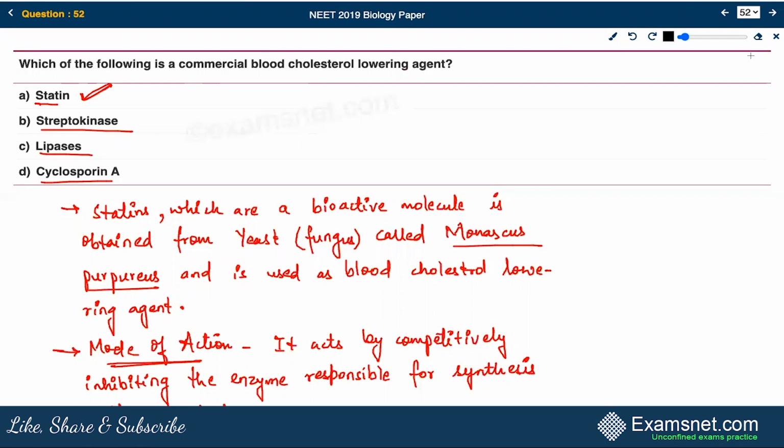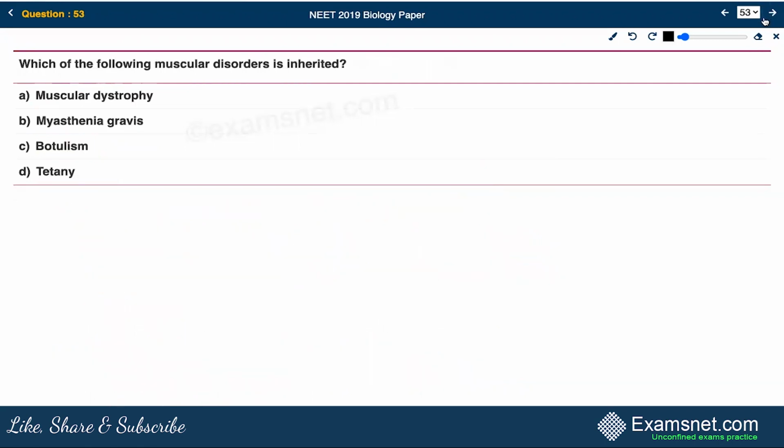Now, the next question is question number 53. Question number 53 says, which of the following muscular disorders is inherited? This is also a category question.